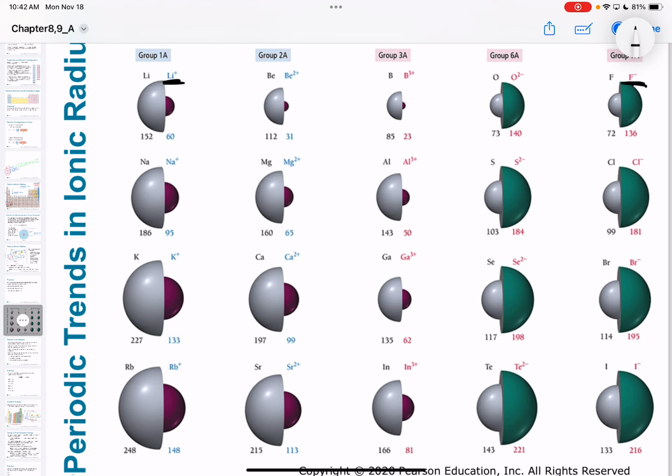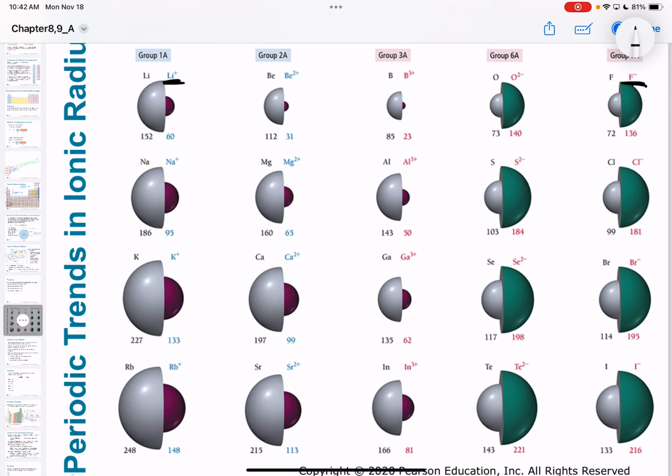Okay, so this chart is a little bit weird to understand, but what you're looking at is that on this side, these are metals that have lost electrons. The gray one is the original atom, and the ion that formed after it lost those electrons is the pink one.